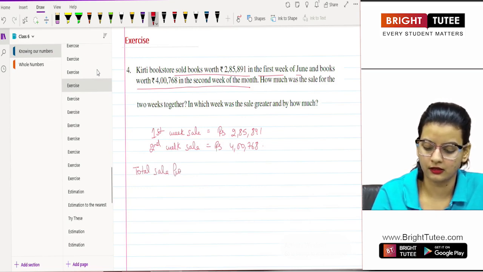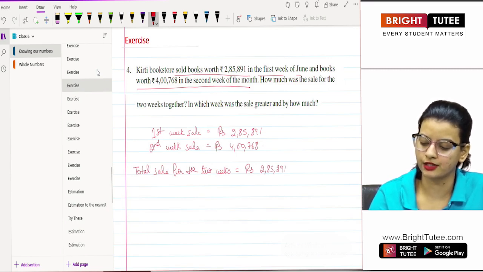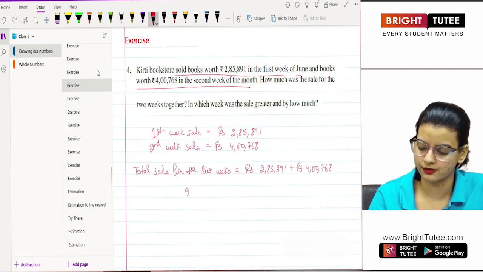Total sale for the 2 weeks is equal to rupees 2,85,891 plus rupees 4,768.